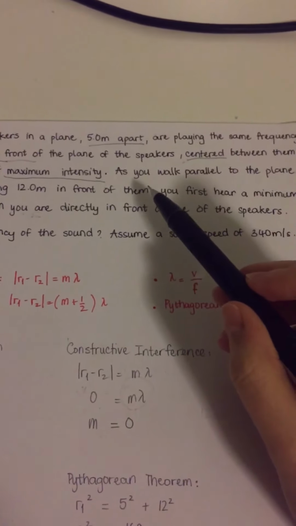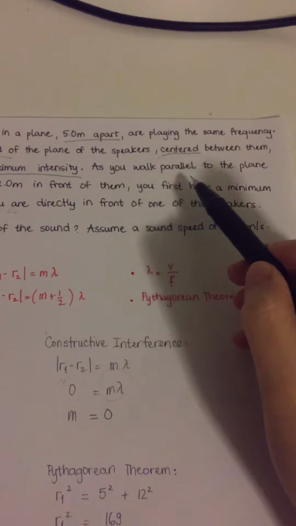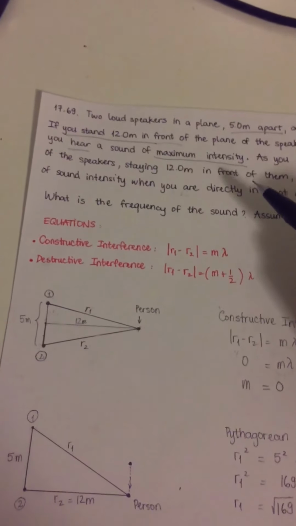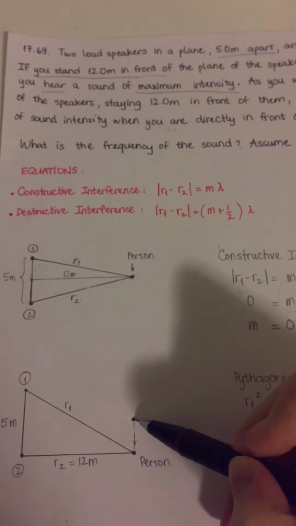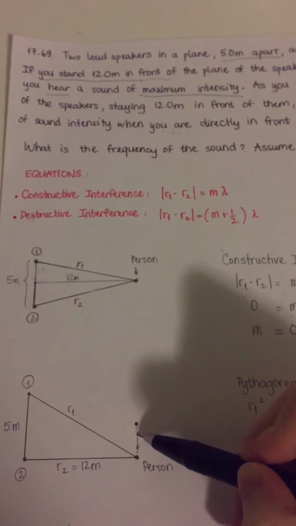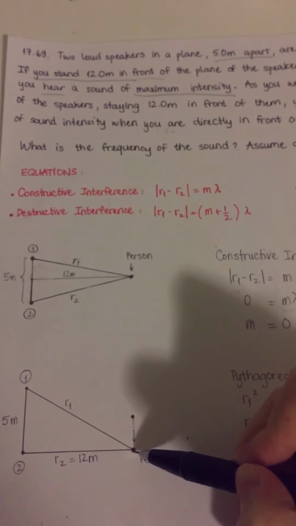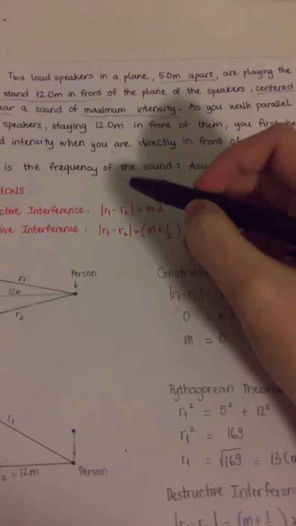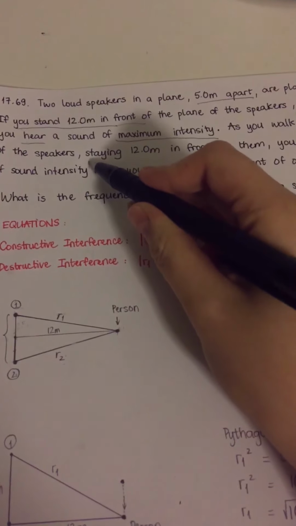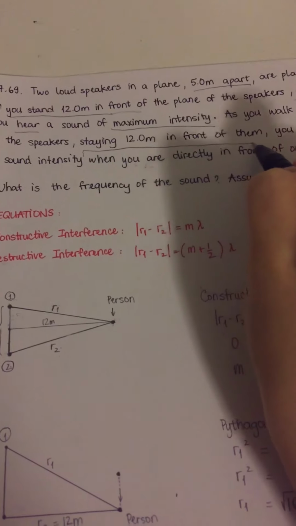In scenario 2, as you walk parallel to the plane of the speakers, this is our initial position as we walk to one of the speakers. Here I'm choosing we will walk to speaker 2. We still stay 12 meters in front of them.